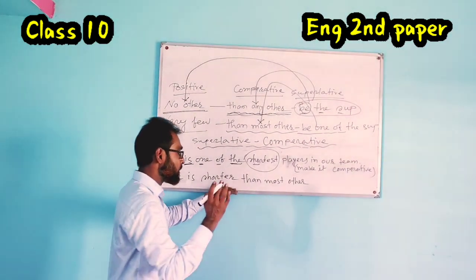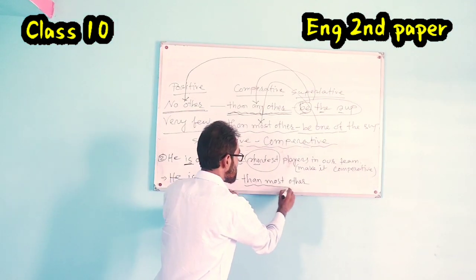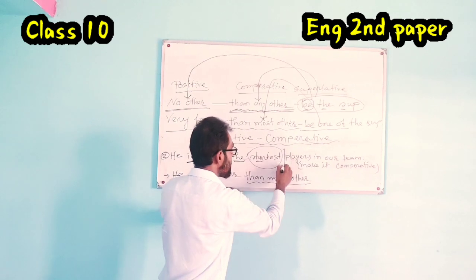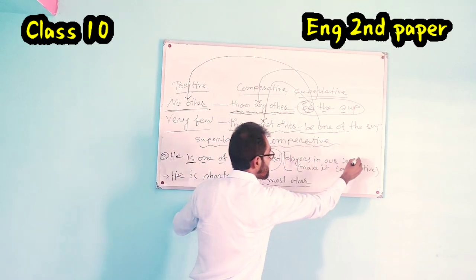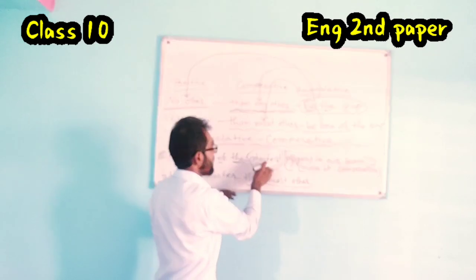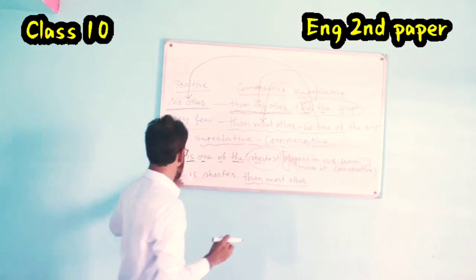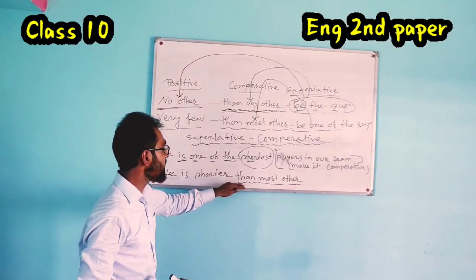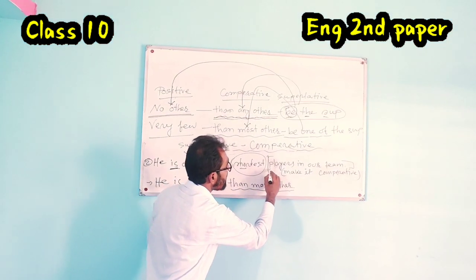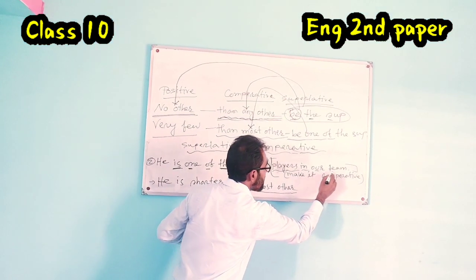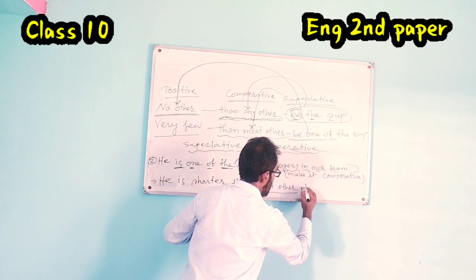After "than most other", we need the last portion of the given sentence after the superlative form. He is shorter than most other players in our team.